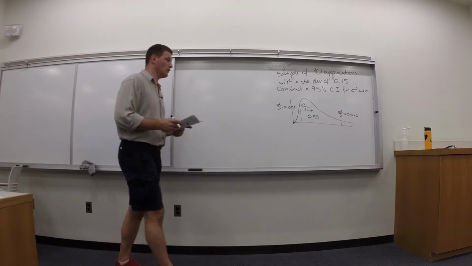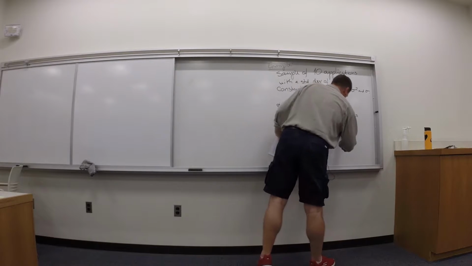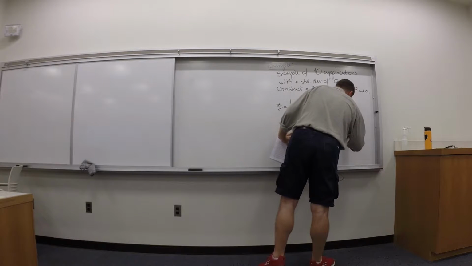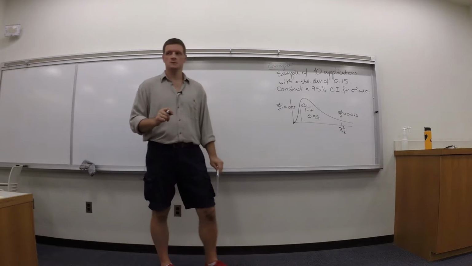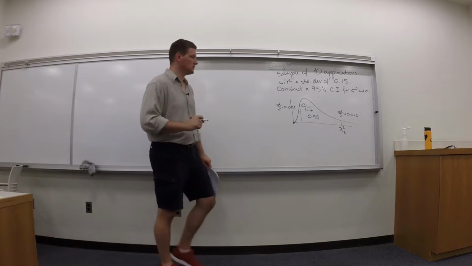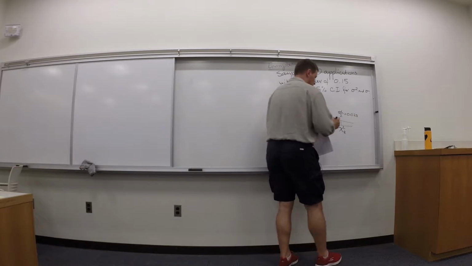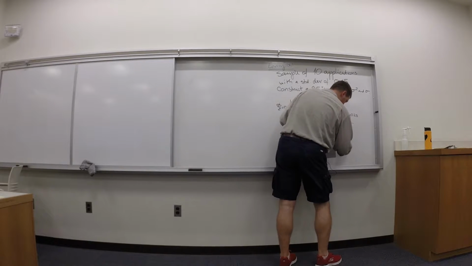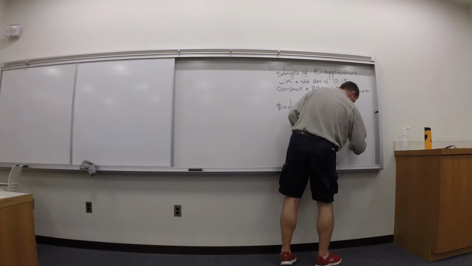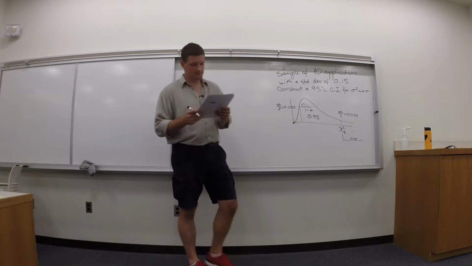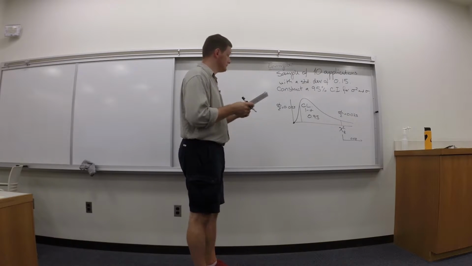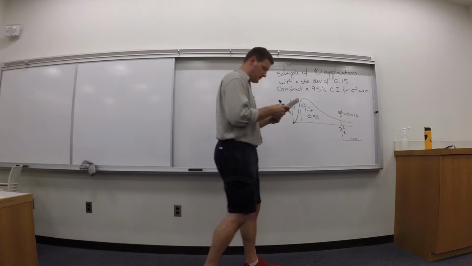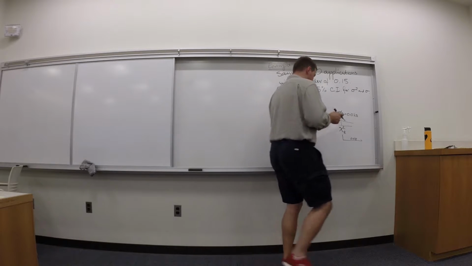So what are our chi squareds? Let's find the critical values. Well, this chi-square is responsible for 0.025. 19.023, yes.